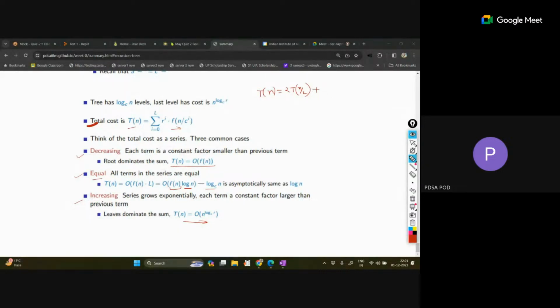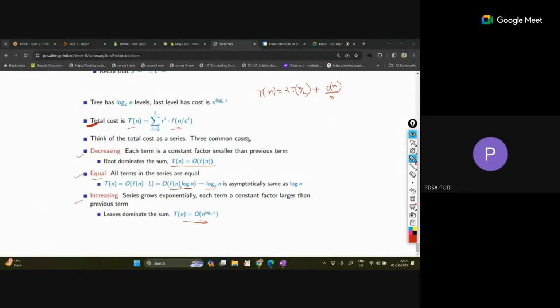We get 2 sorted lists of size n by 2 and merge them, and that process takes n time. So the remaining complexity is order of n, simply n steps. So this is the recurrence relation of the merge sort algorithm.